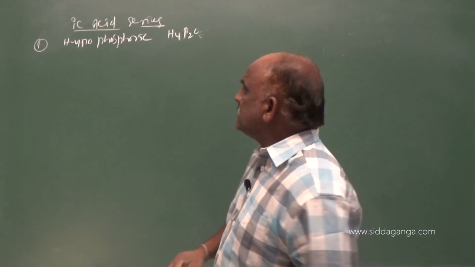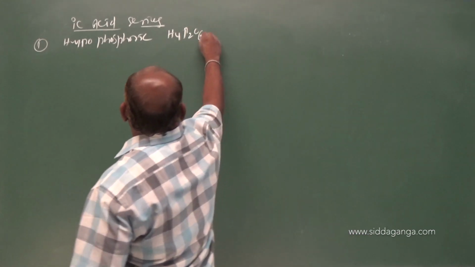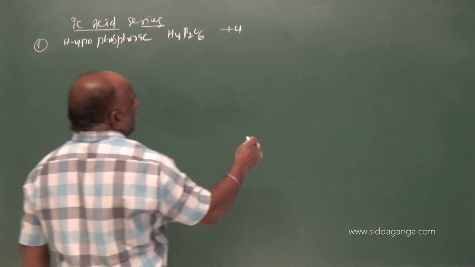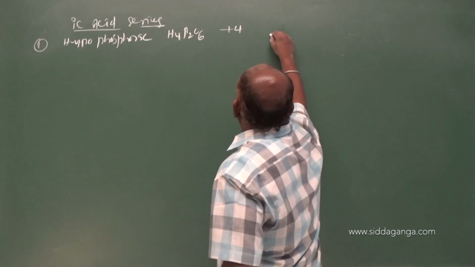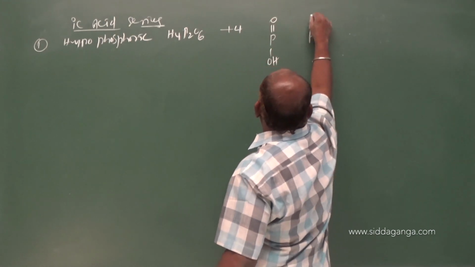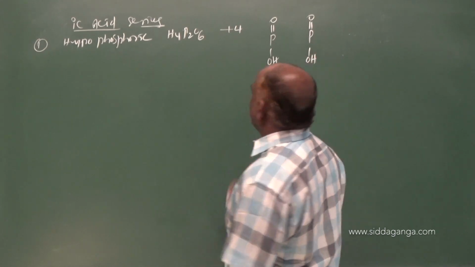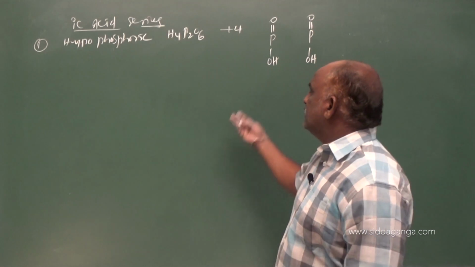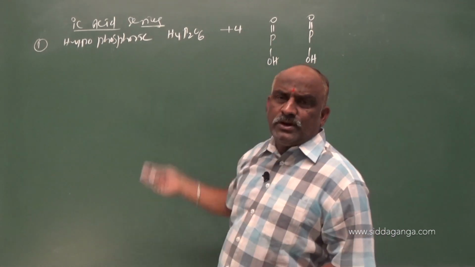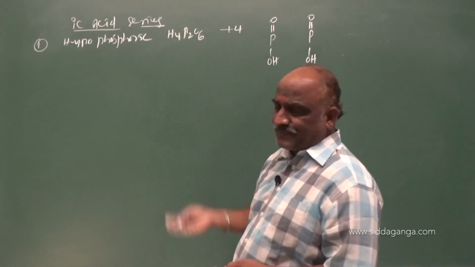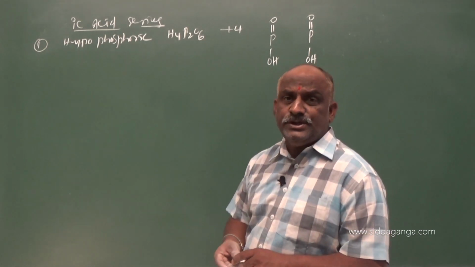The formula of hypophosphoric is H4P2O6. Oxidation number is +4. The structure is P double bond O, OH, P double bond O, OH, and there is no scope to draw the single bond hydrogen for this because these do not act as reducing agents.